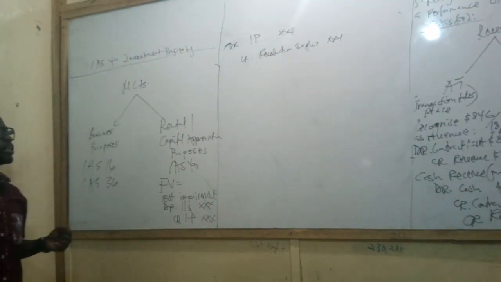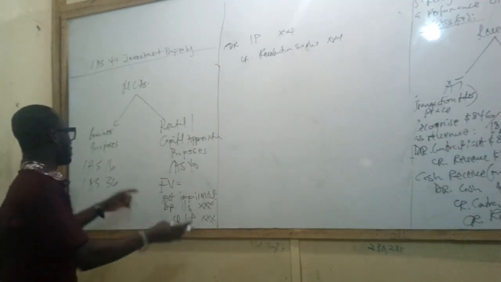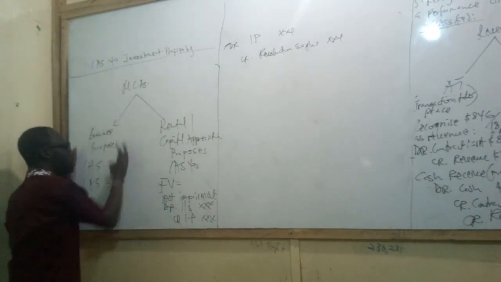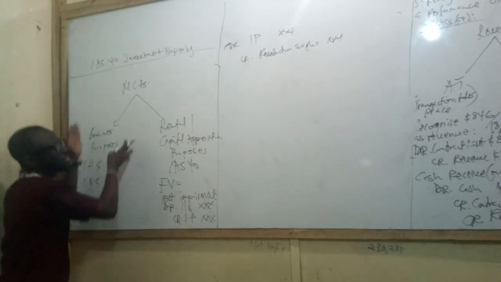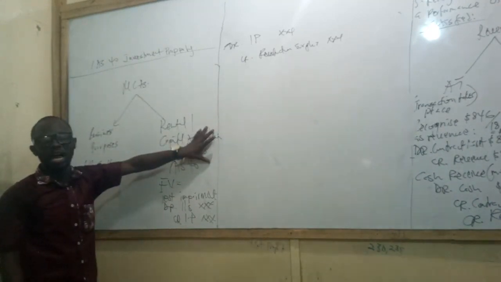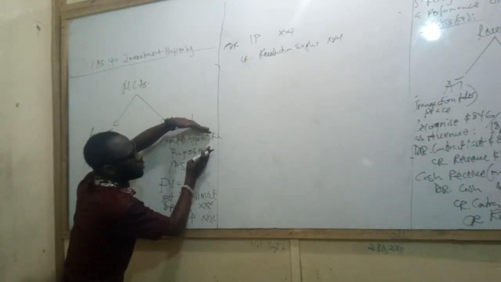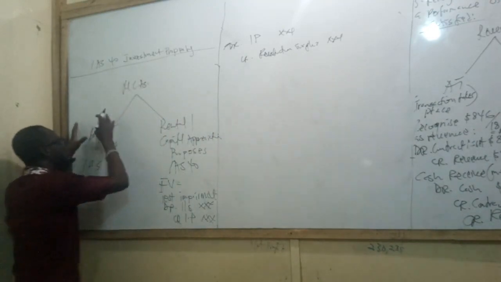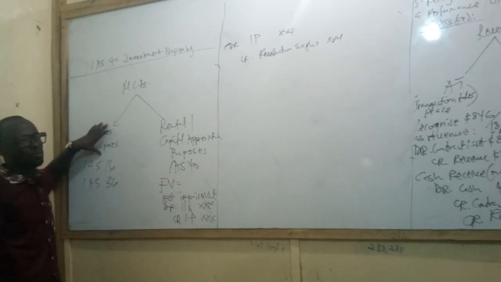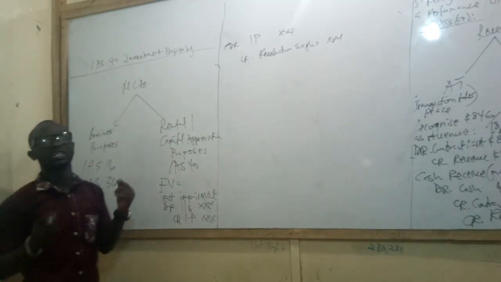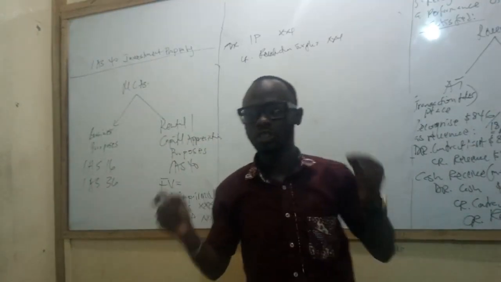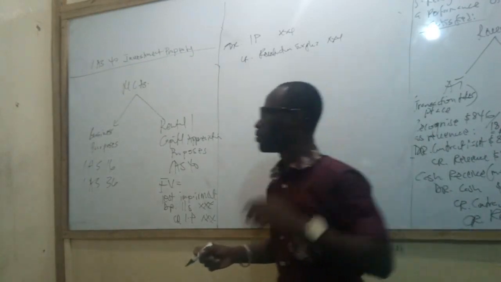But this is the big question. Sometimes an asset can be used for business purposes, then all of a sudden the company can change it to a rental purpose. Other times, an asset can be used for a rental purpose, then it will be changed for a business purpose. When this change happens, how do we account for it? Simple.